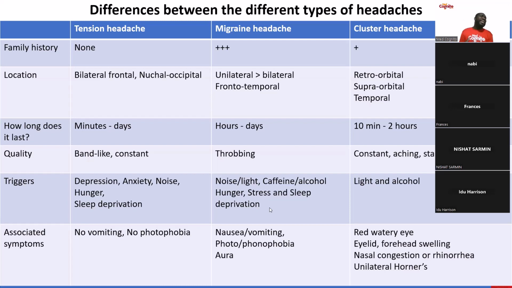When it comes, it lasts for about 20 minutes. Usually it is bilateral. You ask, do you have vomiting? The patient says no. Do you have photophobia? The patient says no. Doctors, what is your topmost diagnosis? Please type your answer. Beautiful. Tension, tension, tension.